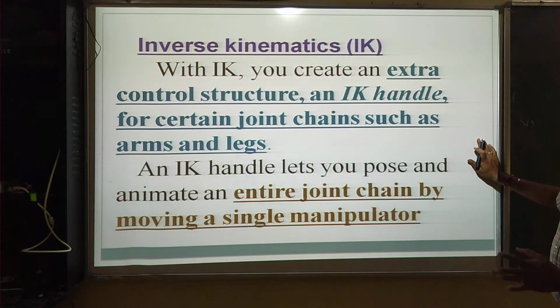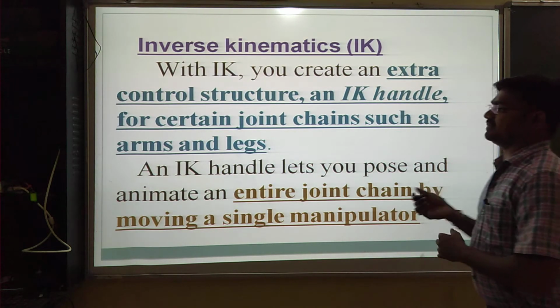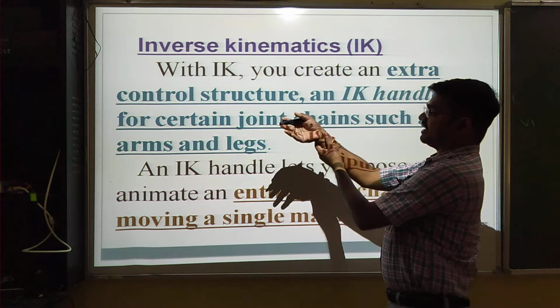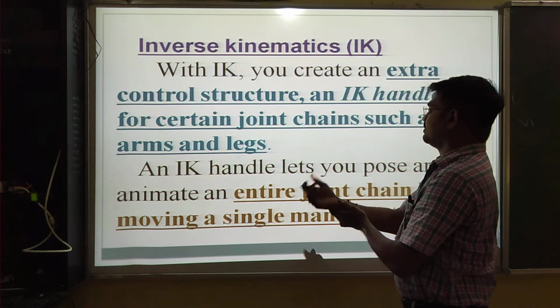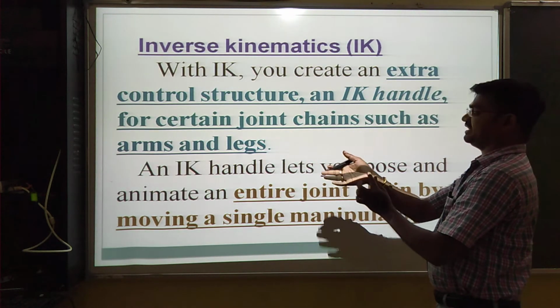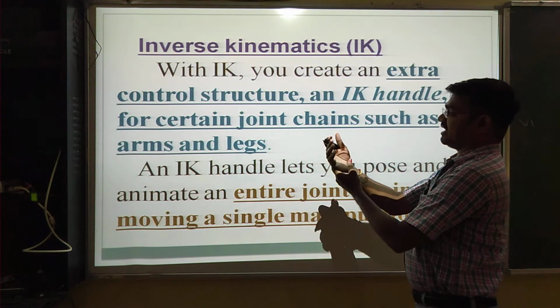With IK, you can animate the entire joint chain by moving a single manipulator. In forward kinematics there is rotation of the joints, but in inverse kinematics you move a single manipulator and the entire joints follow.